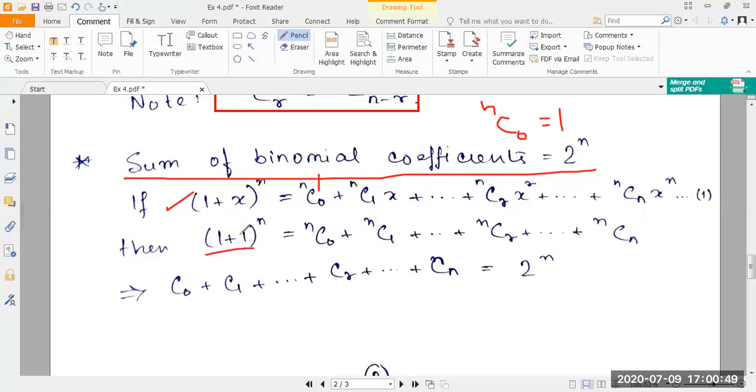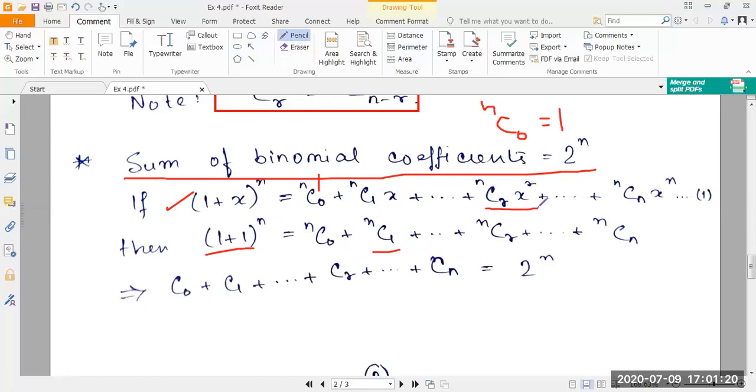Since this is an identity, it should be valid for any value of x. So I replace the value of x with 1. So on the left I get (1 plus 1) whole to the power n. On the right hand side, when we replace x with 1, nC0 remains nC0, and nC1 x transforms into nC1 into 1, so we have nC1.